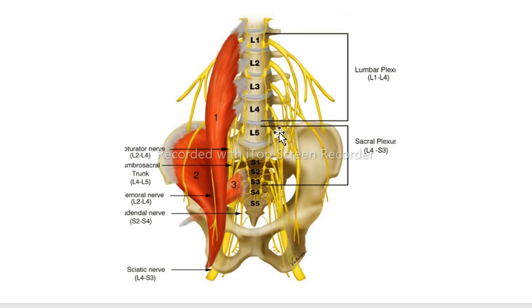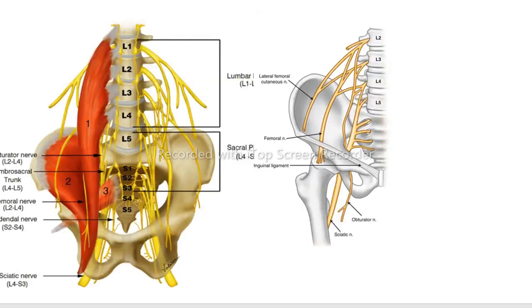The sacral plexus enters into the gluteal region passing below the piriformis through the greater sciatic notch, and the lumbar plexus enters through the anterior part below the inguinal ligament. Here we can see the sacral plexus enters into the posterior or gluteal region.